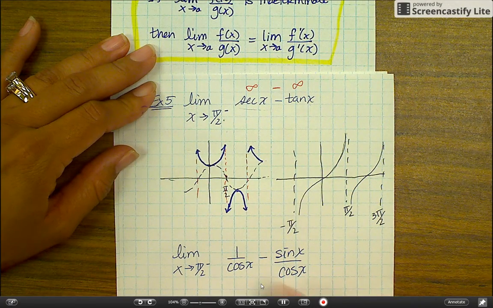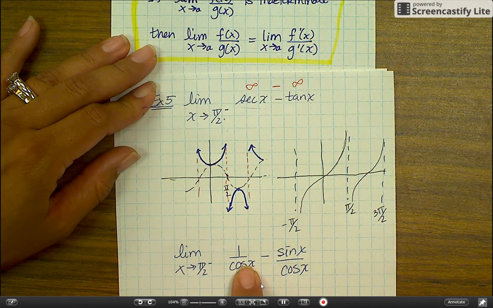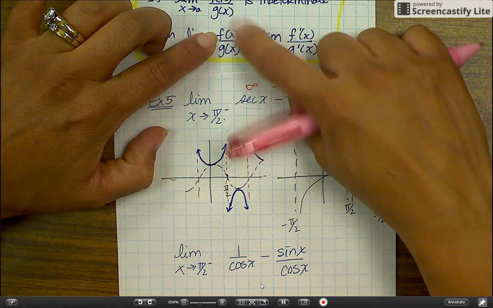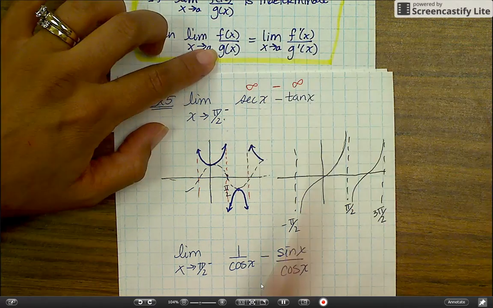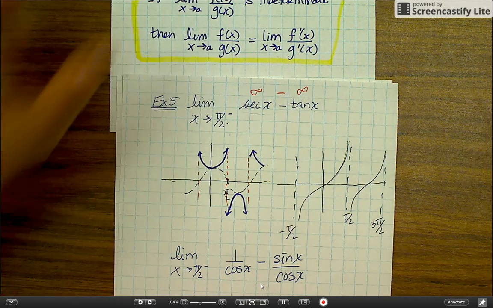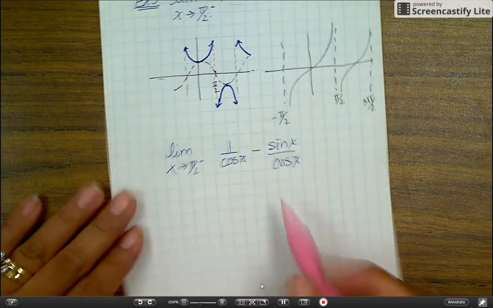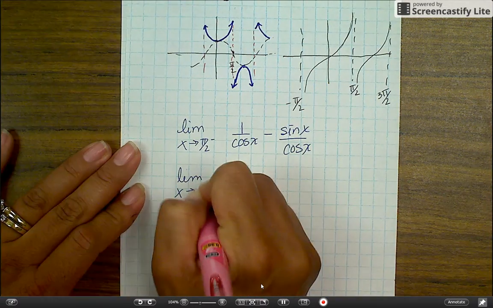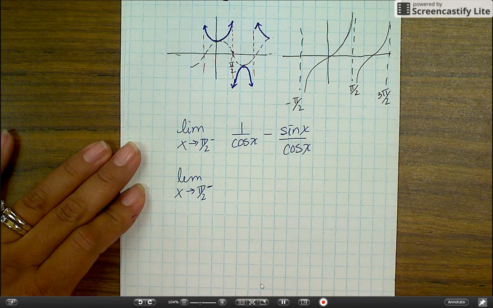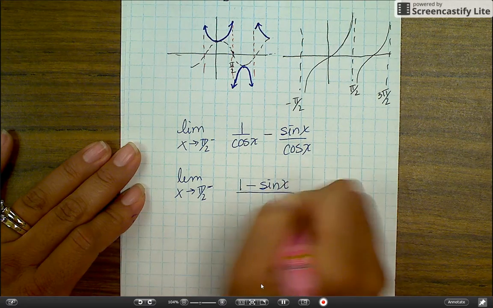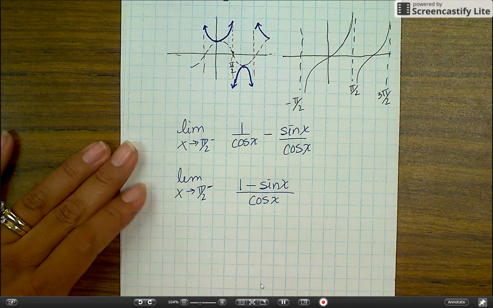No. Even though these two are fractions, it has to be just one fraction, one numerator and one denominator. I have two numerators and two denominators, so I need to combine them together. So I will have limit as x goes to pi over 2 from the left, and this is going to be 1 minus sine x divided by cosine x, since they had common denominator.